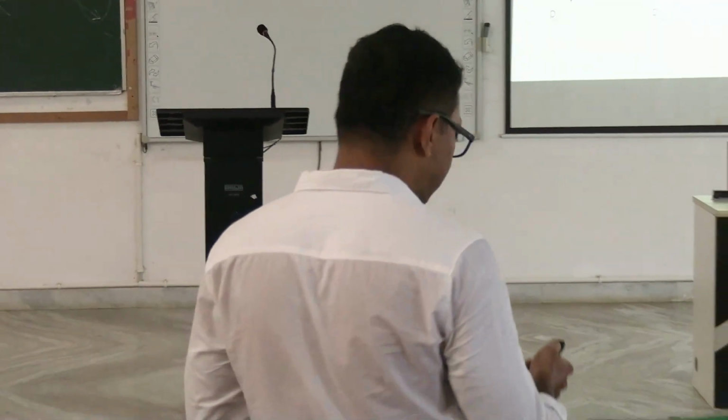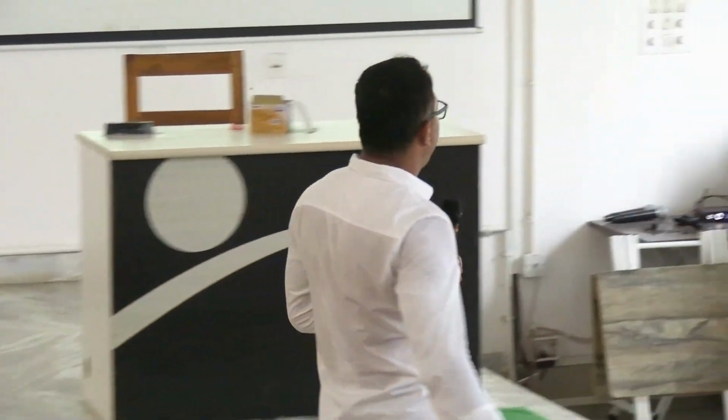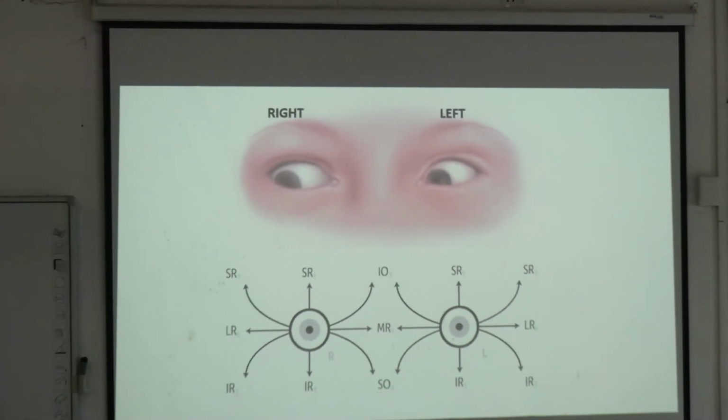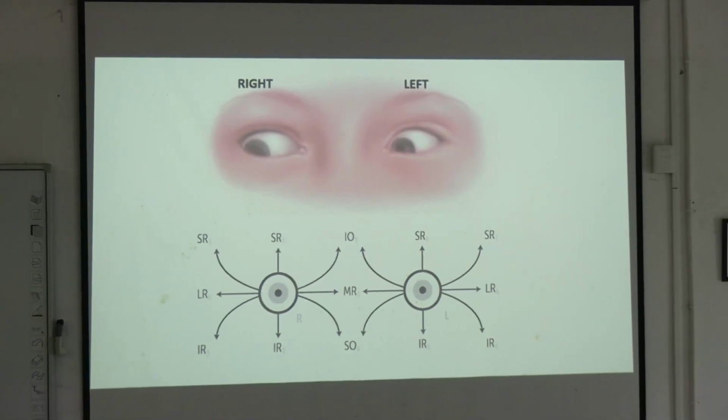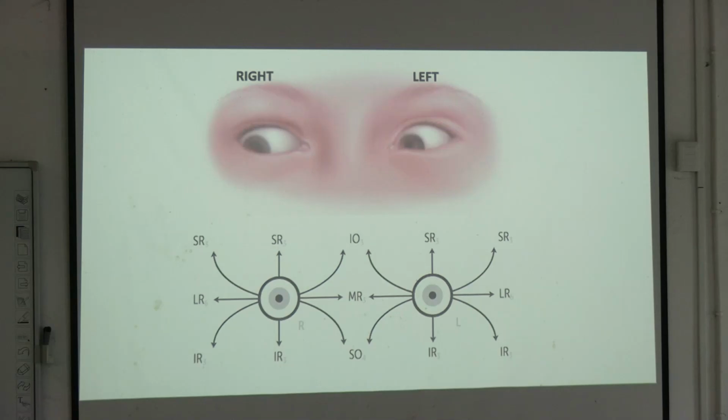Now again come back to the question. Tell your answer now. It is clearly, for the right eye, inferior rectus, and for the left eye, superior oblique.